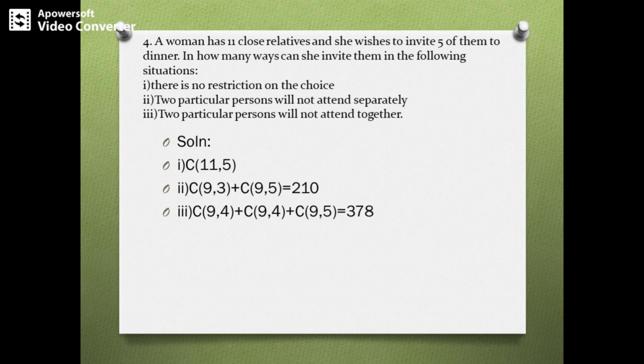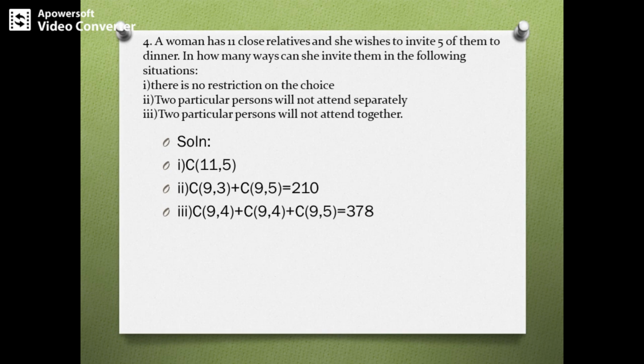So the woman has to give invitations to the remaining three more persons out of nine relatives. That can be done in C(9,3) ways. And this C(9,3) refers to the choice wherein the woman invites those two persons, and those two persons are supposed to attend together.